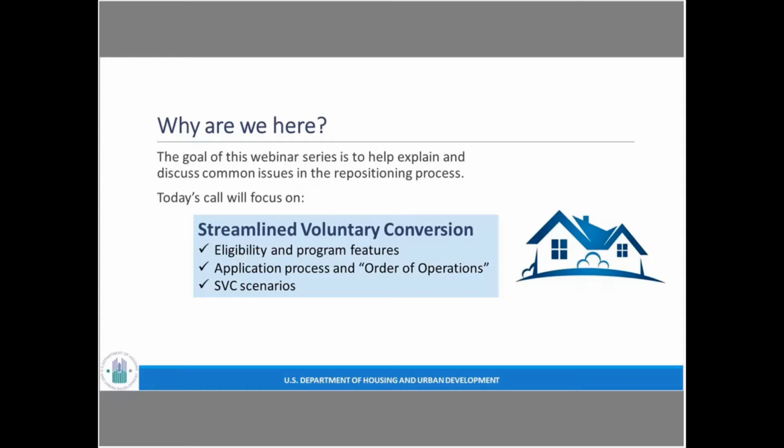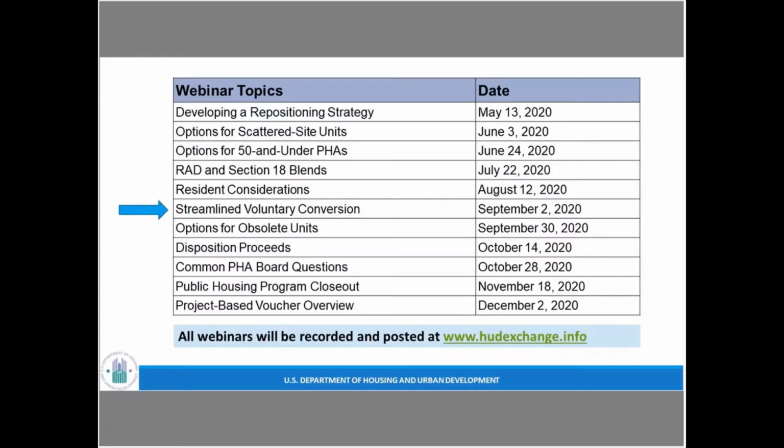And then lastly, we'll talk through some of the scenarios in which a housing authority might decide to utilize streamlined voluntary conversion. I guess I would say in lieu of case studies, we'll talk about the different flavors of streamlined voluntary conversion. Next slide, please.